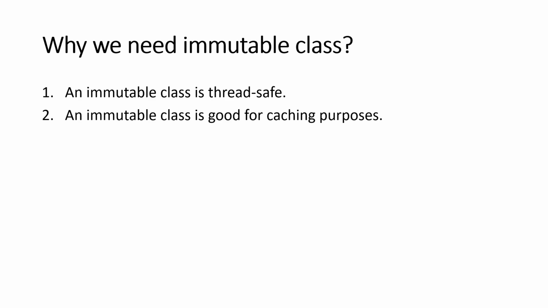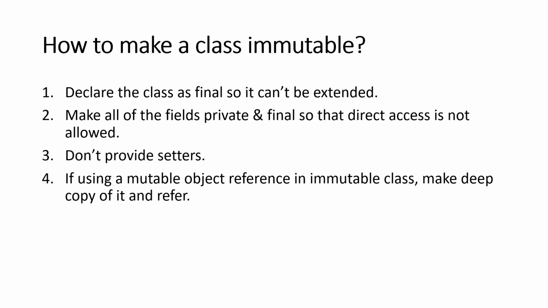Okay. So can we create a user defined immutable class? Yes, we can create one. But how? If you want to make a class immutable, these are the 4 rules you need to obey. The first rule is that you declare the class itself as final so that no one can extend the class.